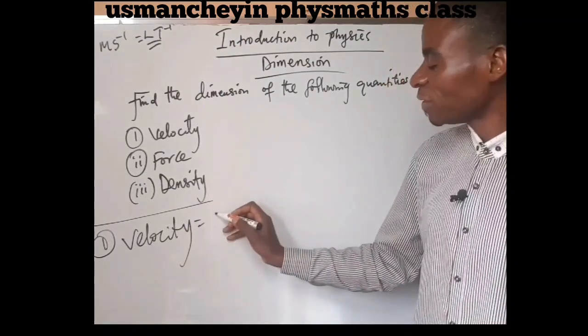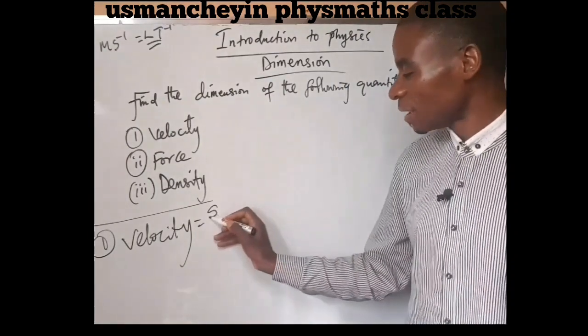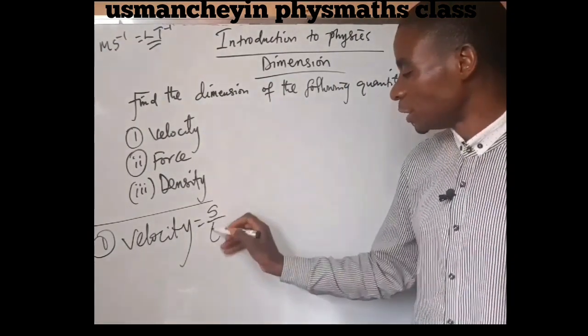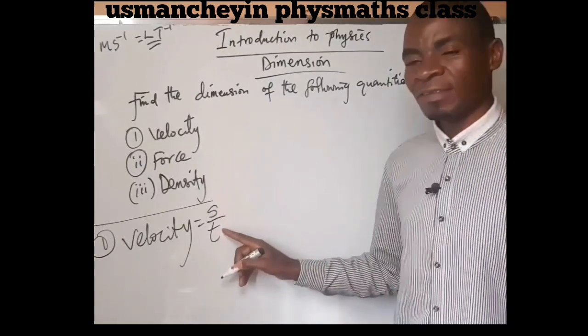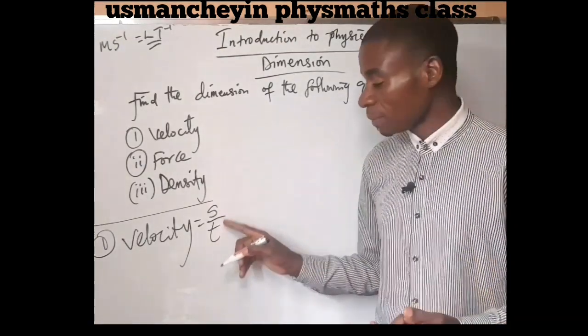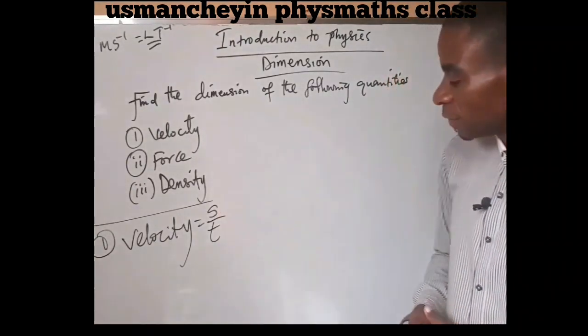Velocity is always displacement over time taken, and displacement is represented either by S or D. So S is the displacement and T is the time taken. Sometimes we can replace it with D, the same thing.